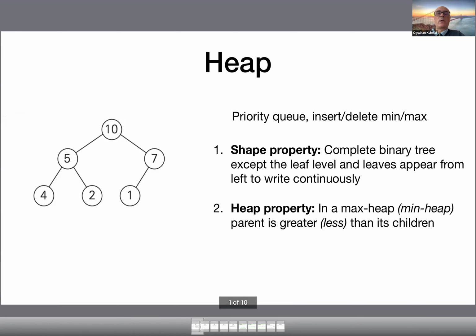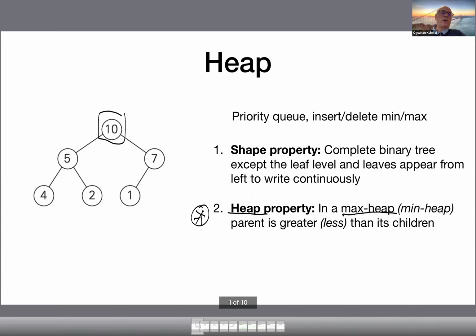What else do I have? I have the second property, and we actually call this the heap property. It depends. So let's assume I'm creating a max heap. If I'm creating a max heap, every node is greater than all its descendants. So 10 is greater than 5 and 7, right?